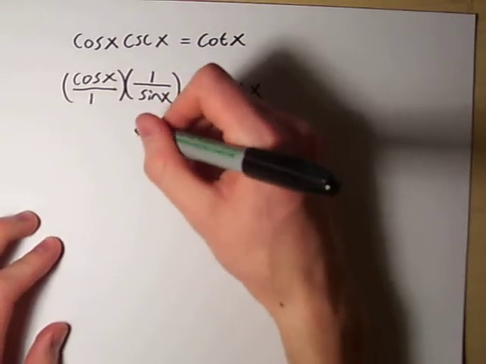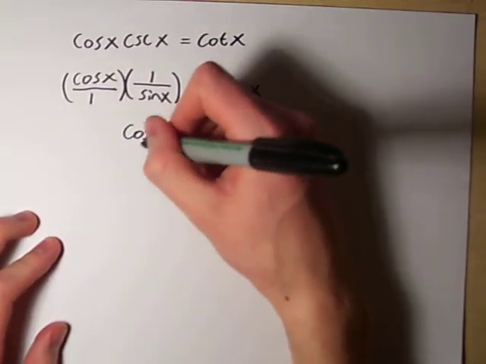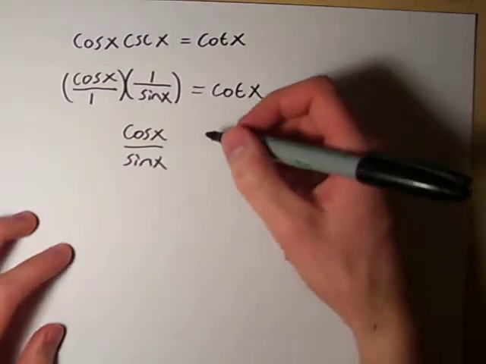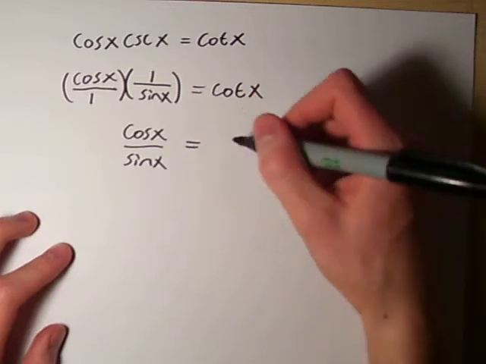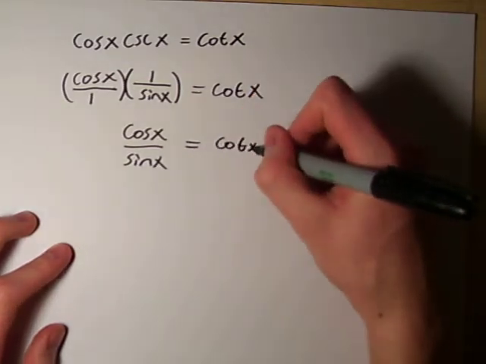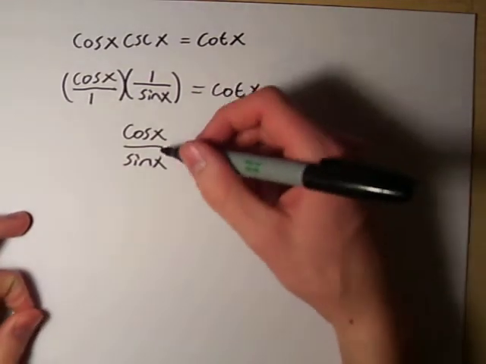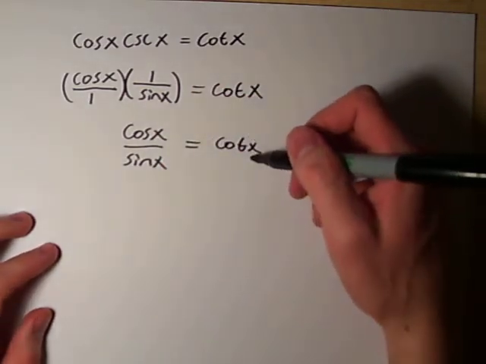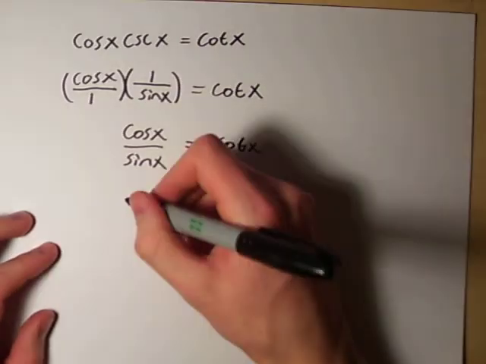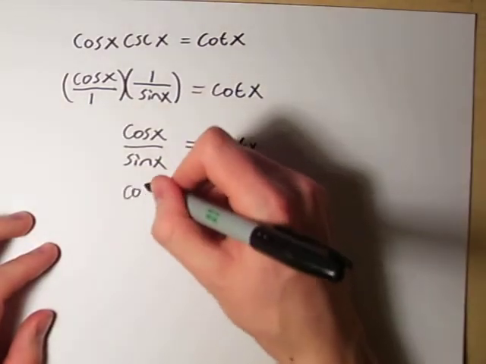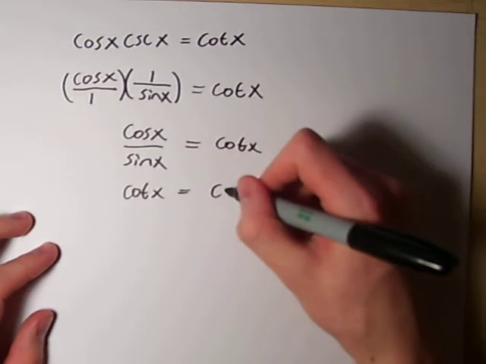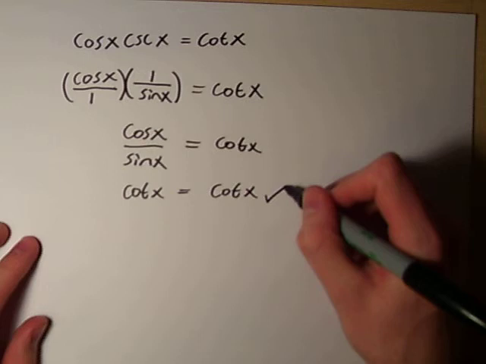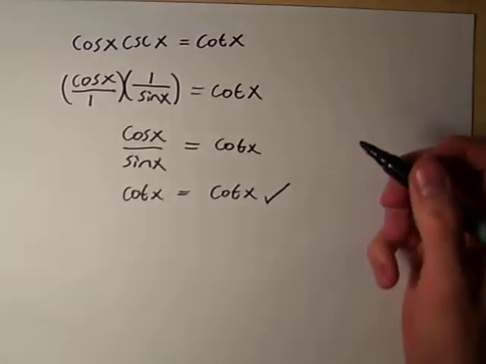So cosine x over sine x, and you can either say that this is cotangent x, or you can change this one into cosine of x divided by sine of x. Either is correct. So then we just have cotangent x equals cotangent x. And this is a proven identity.